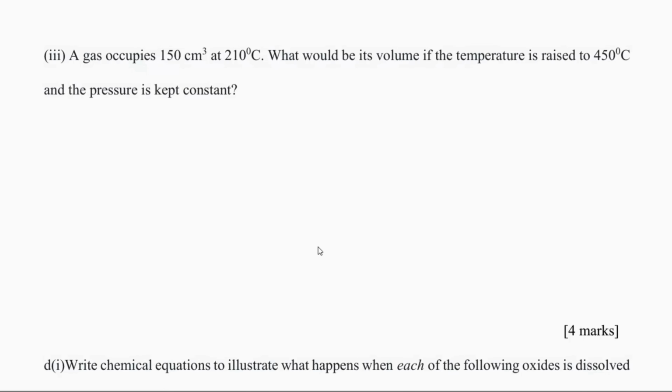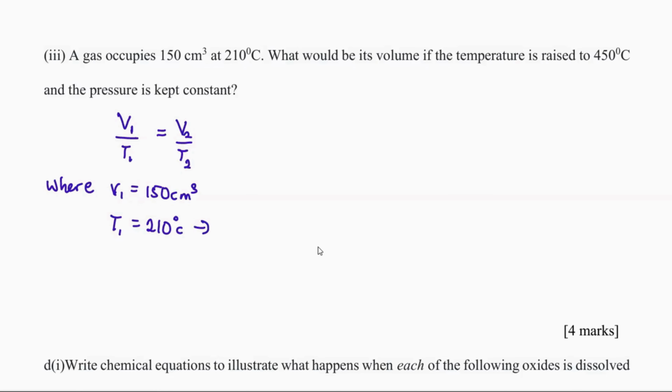The formula for Charles' law is the initial volume divided by initial temperature equal to final volume divided by final temperature, where V1 is 150 centimeters cube and T1 is 210 degrees Celsius. But I told you it has to be in Kelvin.